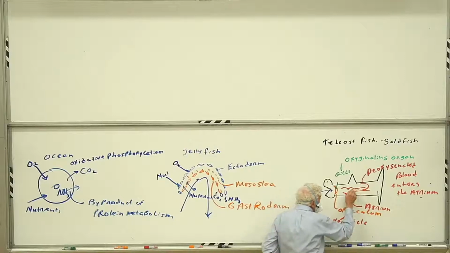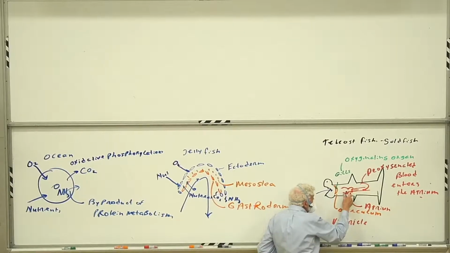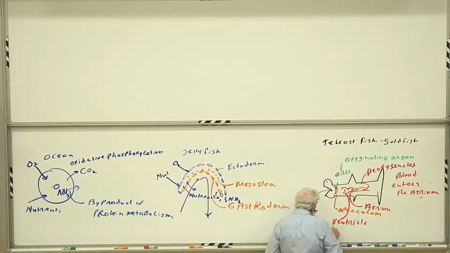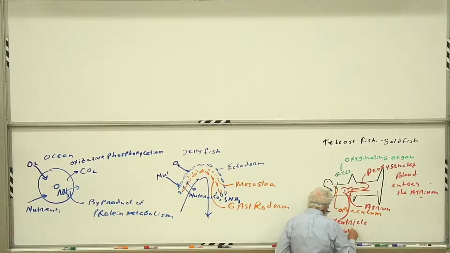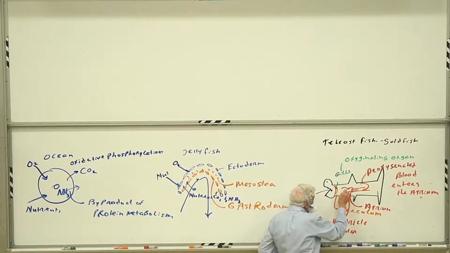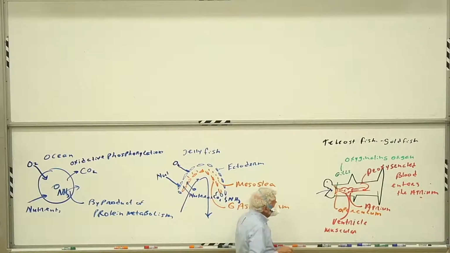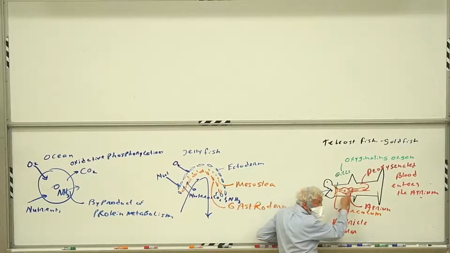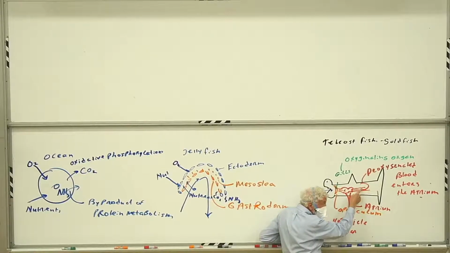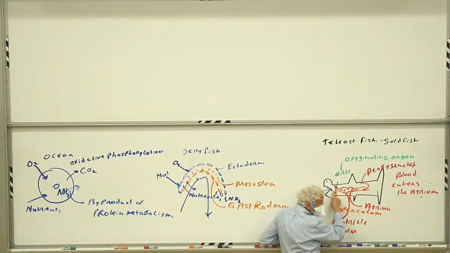So deoxygenated blood coming back from all the tissues enters the atrium, enters the ventricle. But the ventricle is muscular. And when that muscle contracts, it forces blood into a series of tubes that go to the gill. So we're taking in deoxygenated blood from the tissues into the atrium, putting it in the ventricle. Ventricle then pumps the blood to the gills.